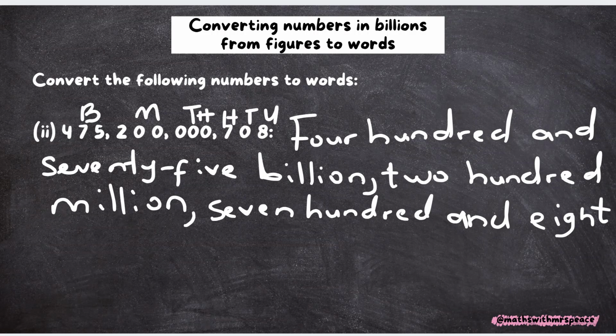So there again, we've written another number. We've converted another large number in billion from numbers to words. By putting this place value just above it, it's going to make it really, really easy for you to do.